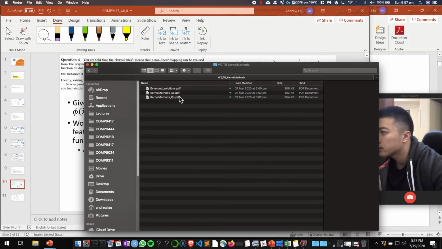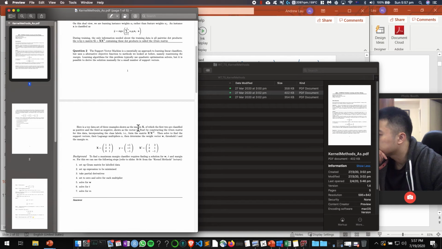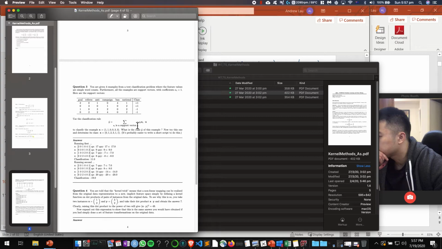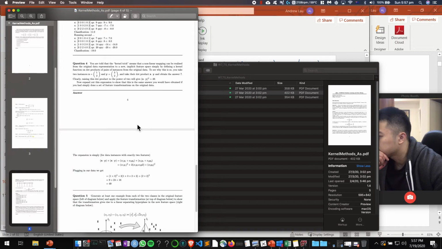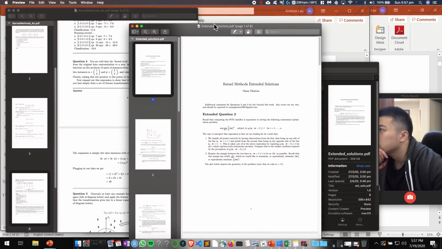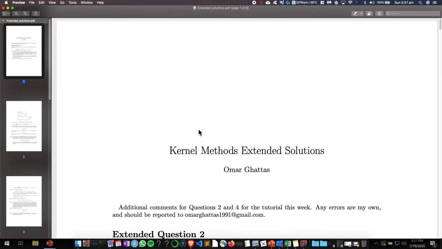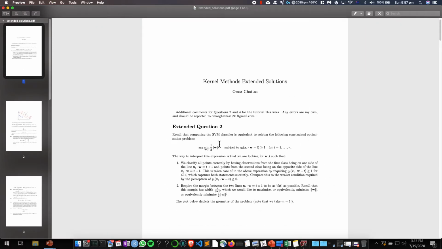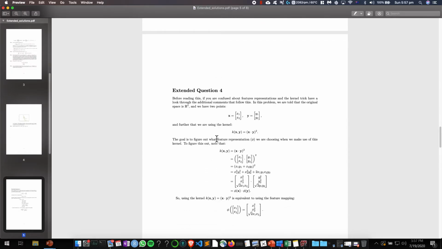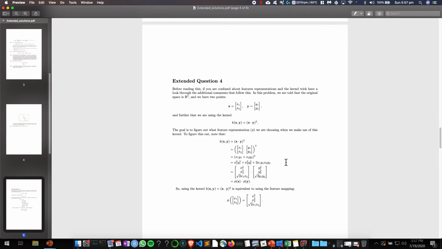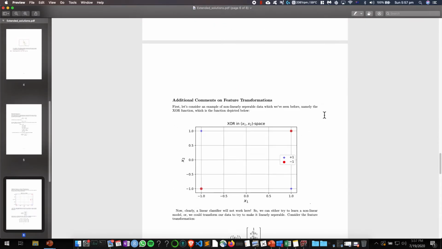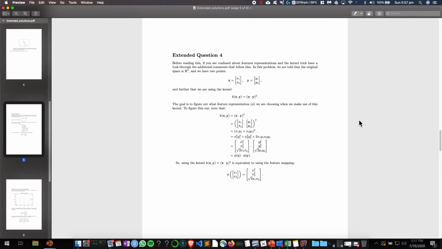Kernel methods. Sorry about this. Things have changed a little bit. This was that. Alright, this makes more sense. Let me grab this one. Sorry, the wording has thrown me off a little.